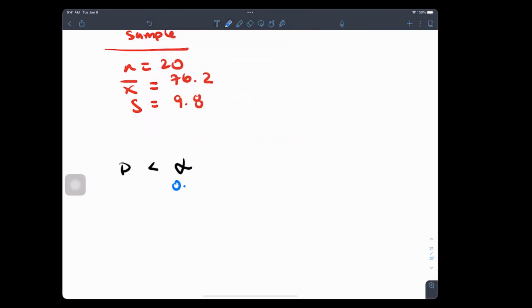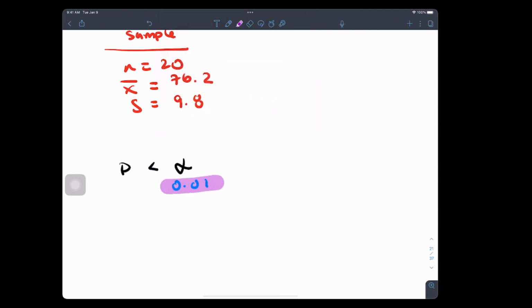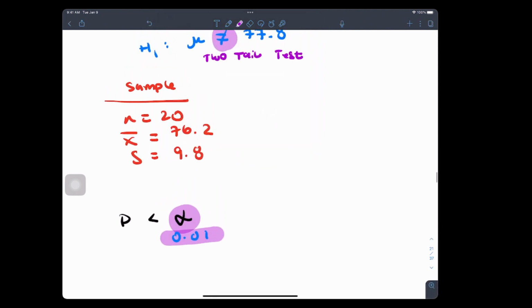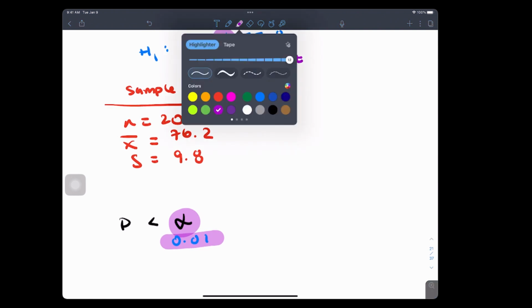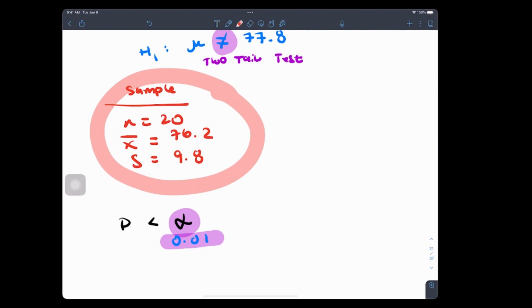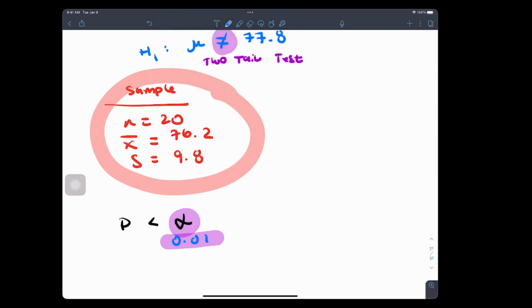But in order to get that p-value, we have to enter the sample information in the TI. We need one more piece of information. What's missing? Mu naught.